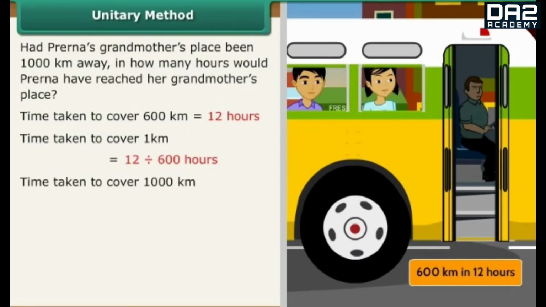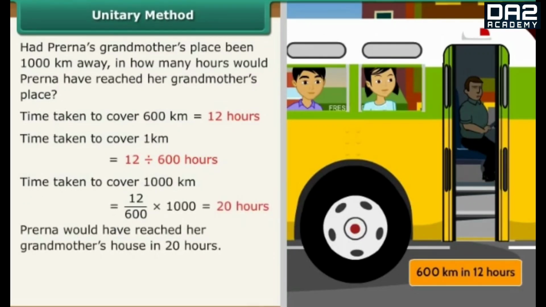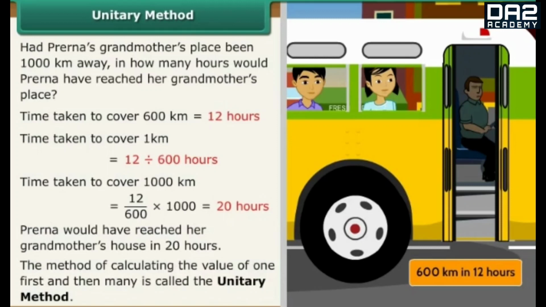Time taken to cover 1000 km is equal to 12 upon 600 into 1000, which equals 20 hours. Prerna would have reached her grandmother's house in 20 hours. The method of calculating the value of one first and then many is called the unitary method.